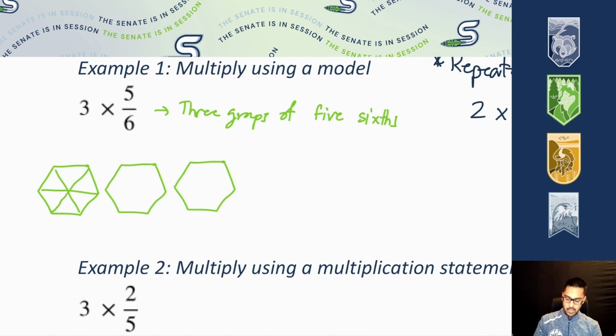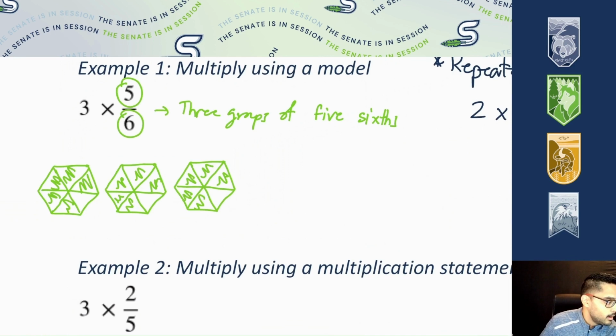If I cut them into pieces, each having a size of 1/6, in each hexagon I only need to take 5 out of those 6 parts. So if I do a little bit of shading just to illustrate how much we actually need, 1, 2, 3, 4, 5 of each.